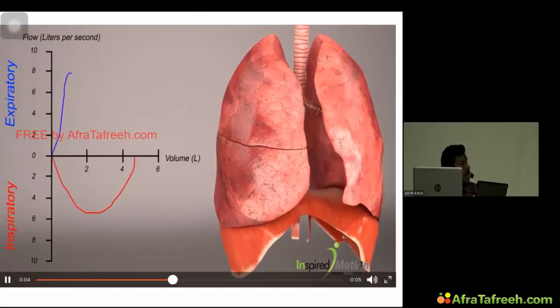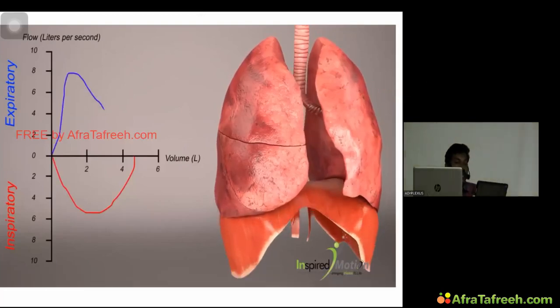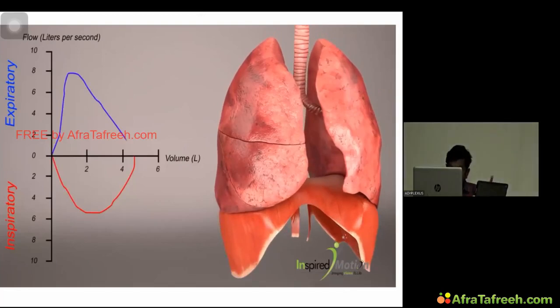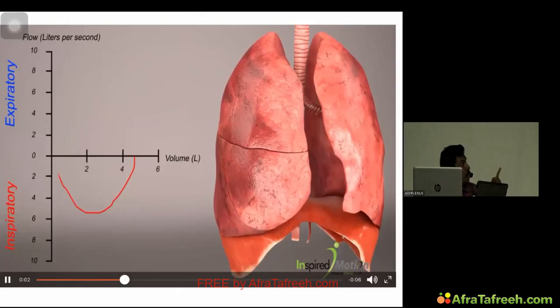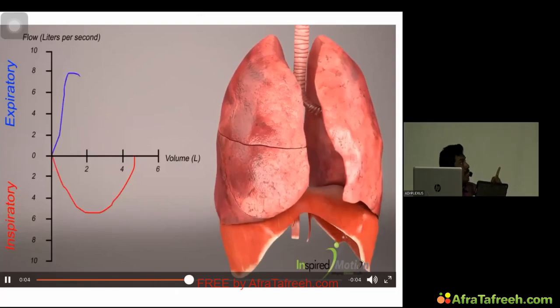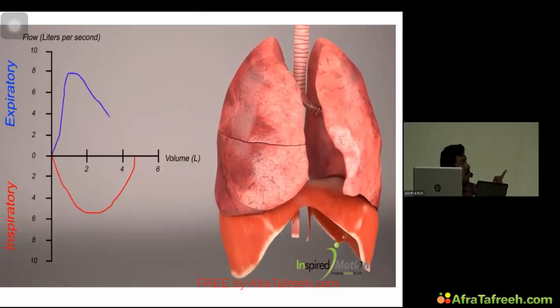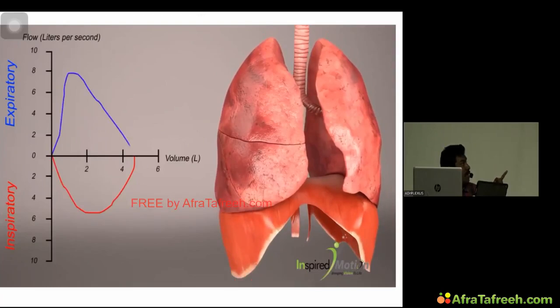The inspiration is seen in the lower part of the graph. In expiration, the air comes out fast in the initial blue part, but the later blue part is very slow. Why? Because the air is coming out through medium and smaller sized airways.